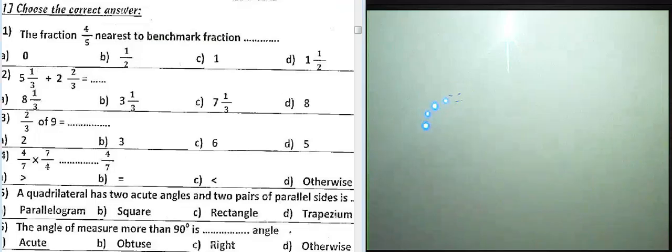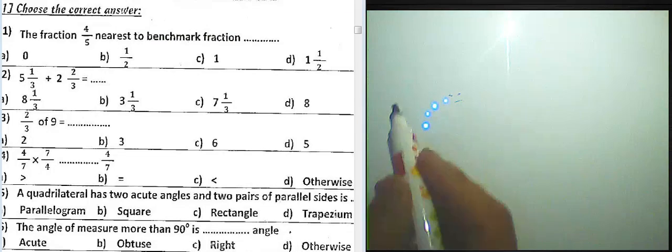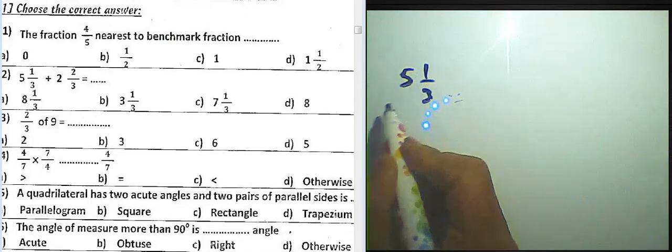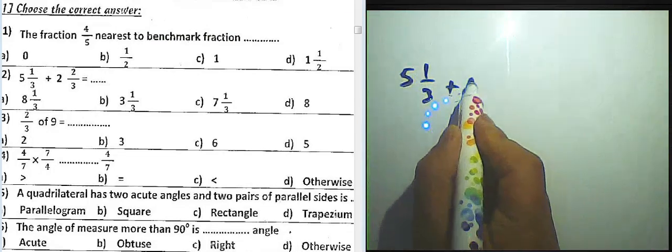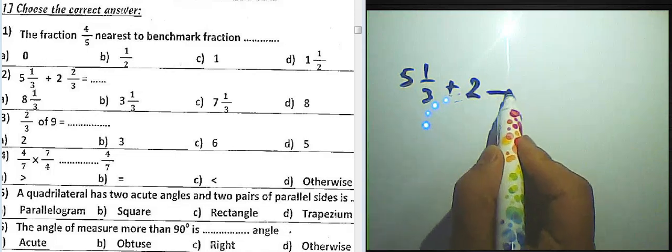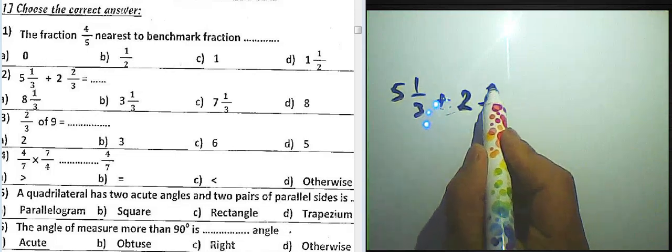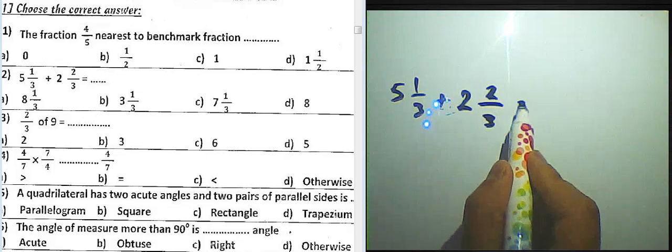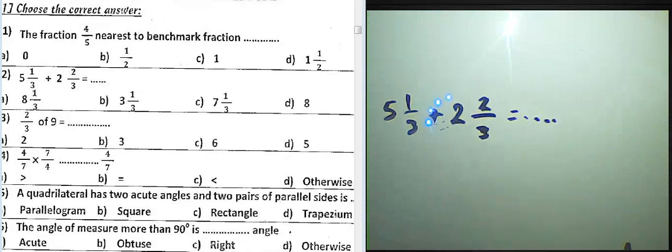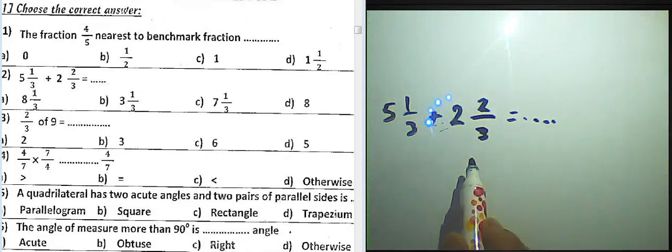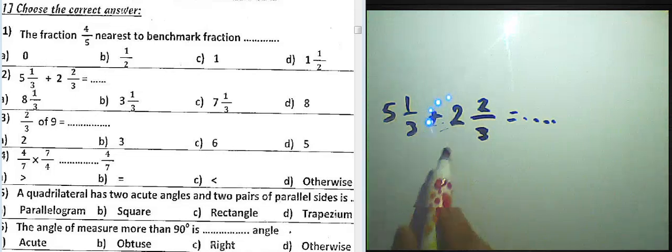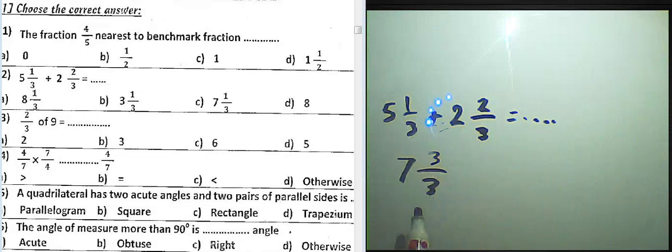Question number 2. 5 and 1/3 plus 2 and 2/3 equals what? We can find the result by adding. 5 plus 2 equals 7, and write 3 in the numerator. 2 plus 1 equals 3. 3 divided by 3 equals 1. 1 plus 7 equals 8.